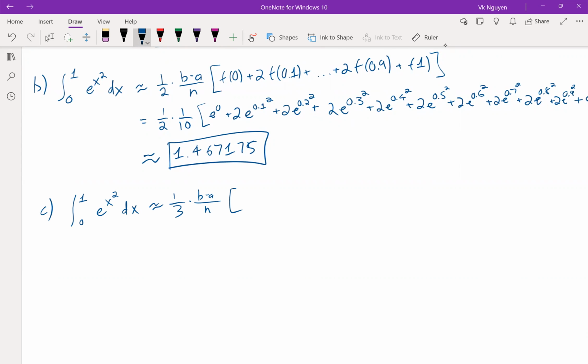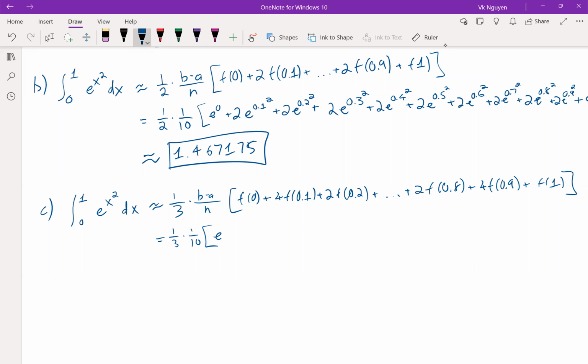In here, f0 plus 4 f of 0.1 plus 2 f of 0.2 plus dot dot dot plus 2 f of 0.8 plus 4 f of 0.9 plus f of 1. Let's plug it in. 1/3 times 1/10.